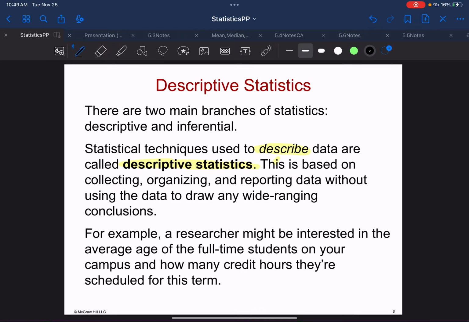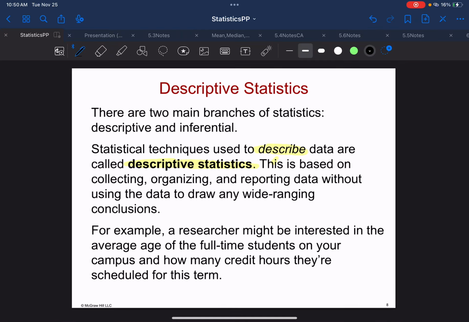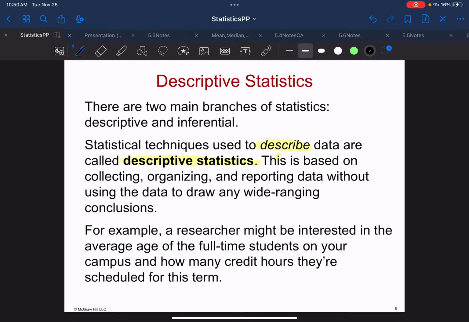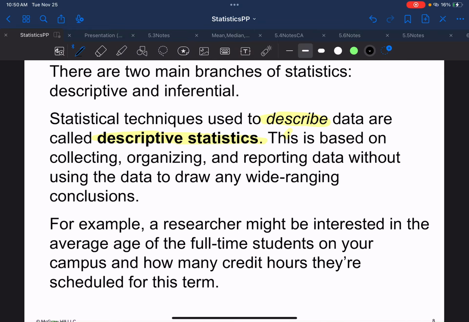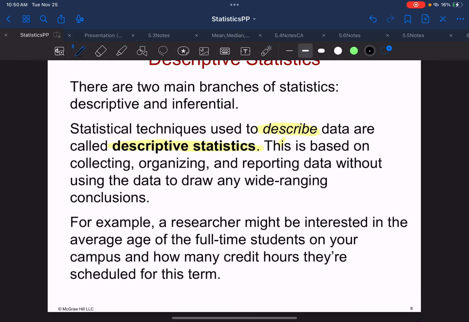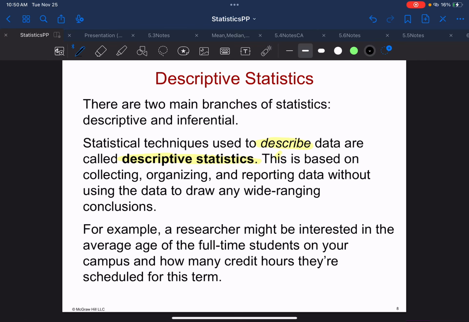So it's really just collecting data and then organizing it, but you're not making any conclusions about the data. For example, a researcher might be interested in the average age of the full-time students on your campus and how many credit hours they're scheduled for this term. So he might just be interested in that information.